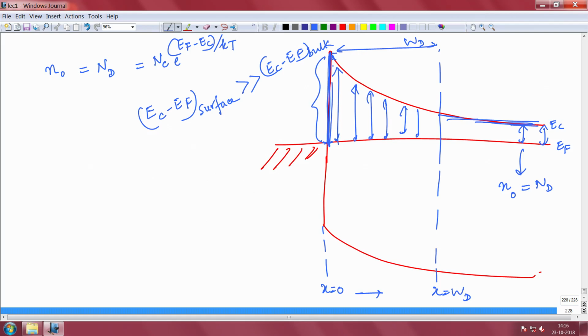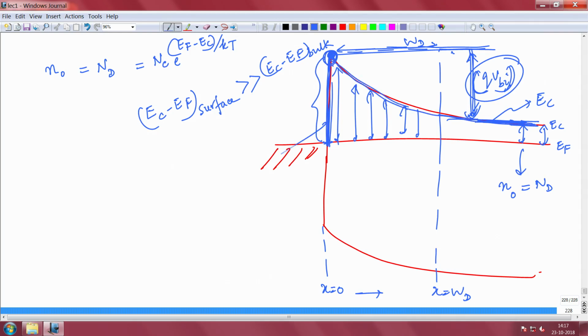If you look carefully, compared to the bulk, the conduction band over here has an energy which is qVbi higher. So whatever energy you have in the conduction band in the bulk, if you add this value, you get this particular conduction band. In other words, this energy is the excess bending that has happened in the conduction band as it goes from bulk to the surface. If I say that the electron density at this top is N top, that is the free electron concentration, which is depleted, meaning very few electrons are there.